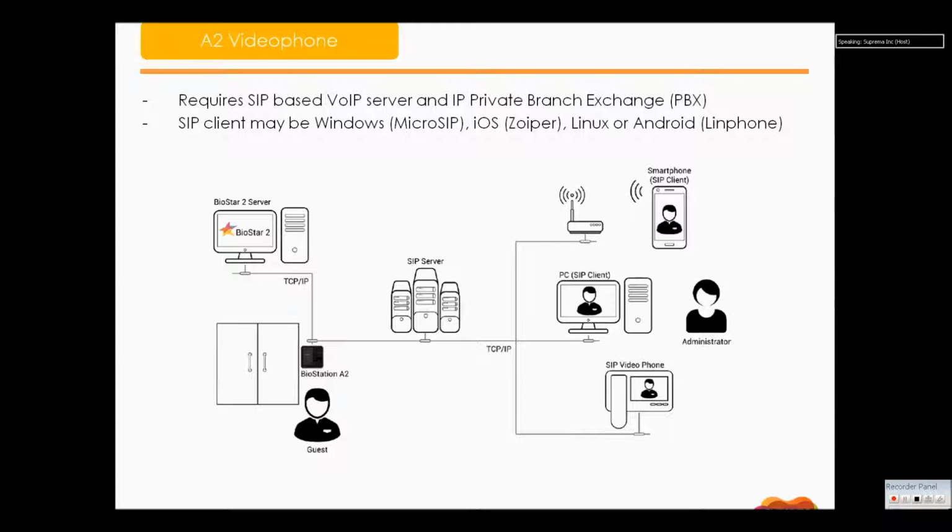Next, with BioStation A2, you can use the video phone feature. If you have a session initiation protocol, that's the SIP, based VoIP server with IP private branch exchange, called IP-PBX. We do have instructions on installing and configuring an SIP server for A2 if you need them.